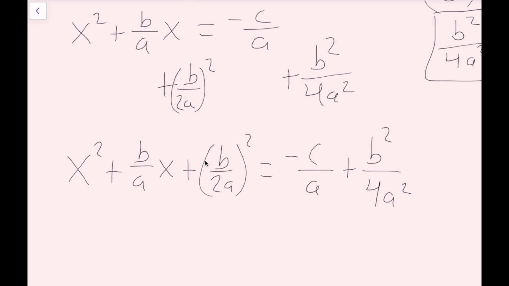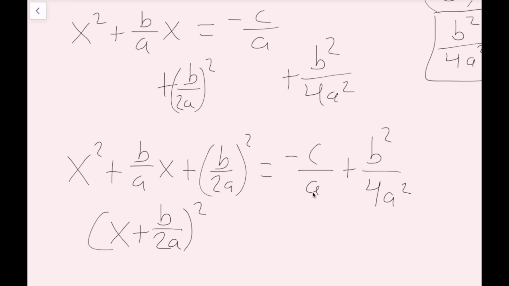All right, now I can factor this. This is now a perfect square trinomial. So this factors in the form of x plus b over 2a quantity squared. And now, on the right side of this equation, I can technically get myself a common denominator. If we see that we have a 4a squared here, I can multiply this denominator by 4a, because then that would give me 4 times a, aka 4 times a squared.